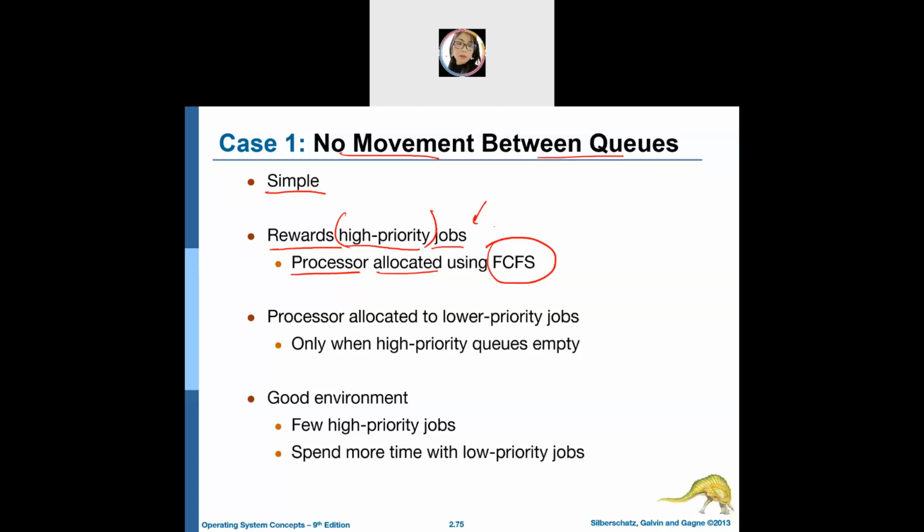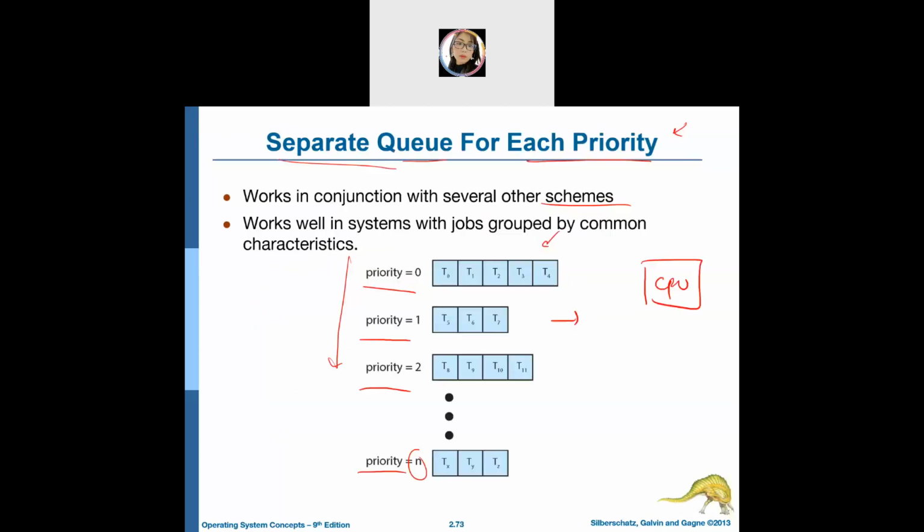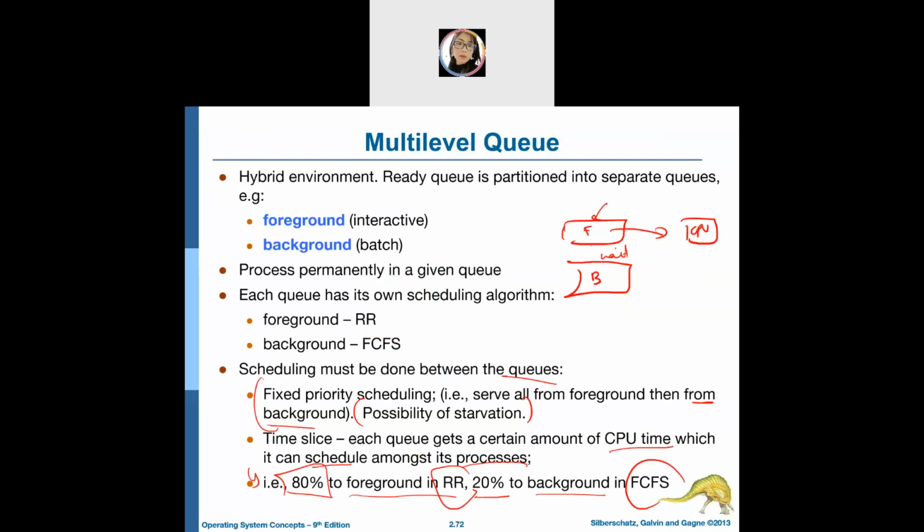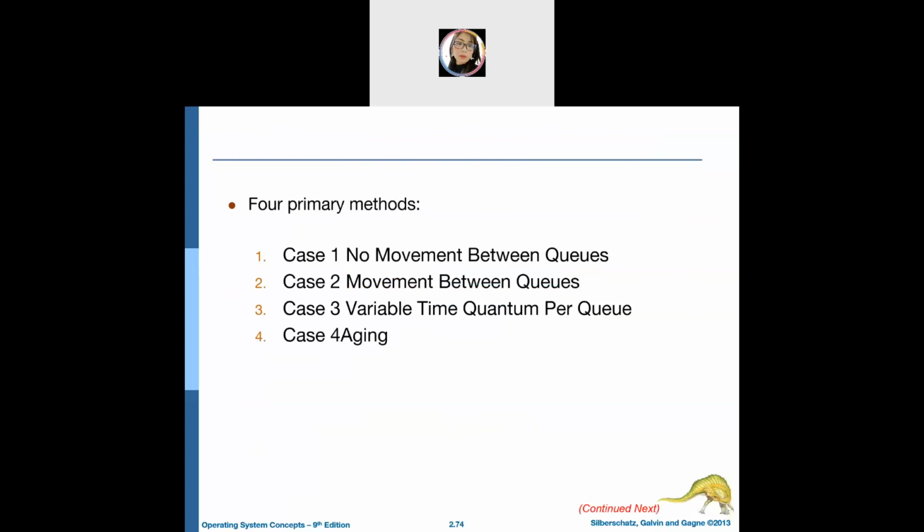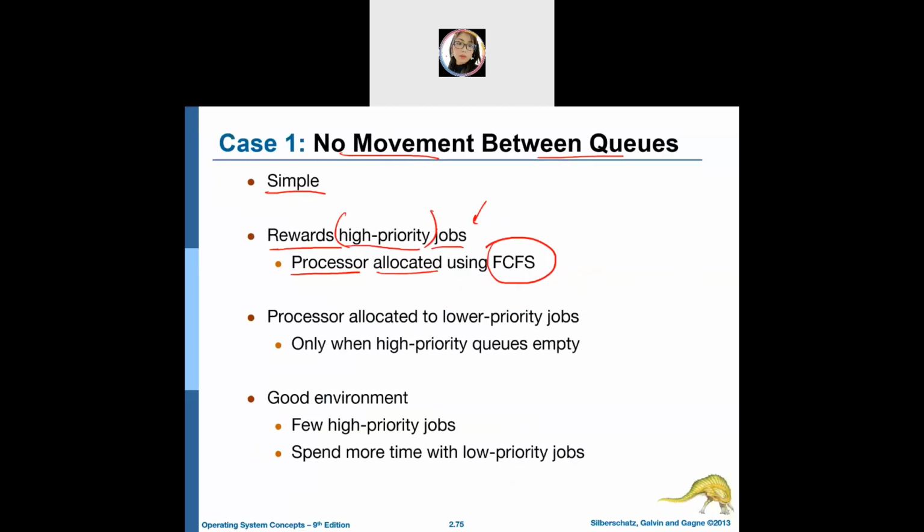You can see here, although it's mentioned that the foreground, which is the active one, the high level, is going to use RR, each method has its own. So under case 1, you're going to use FCFS at the processor.